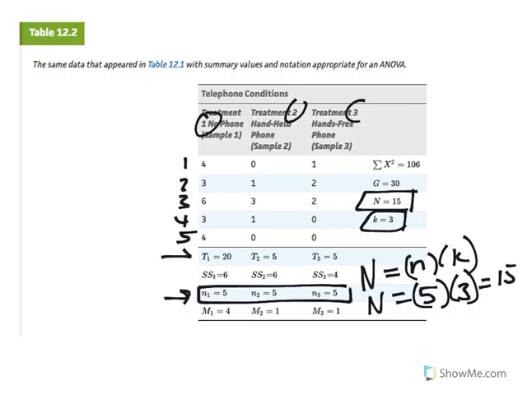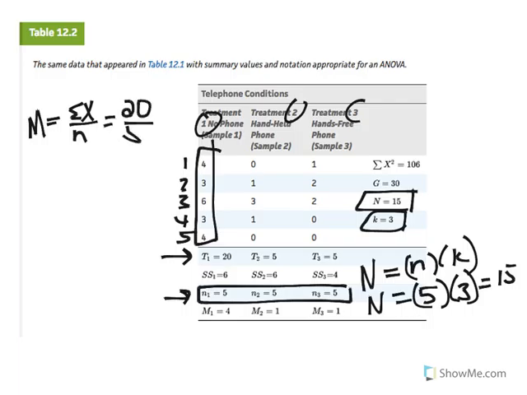We learned that T represents the sum of X. Before I discuss that, remember that the sample mean is equal to the sum of X over N. If we take the sum of all the scores for this first condition, that's equal to 20. And we have 5 scores, so our mean for our first condition is equal to 4.